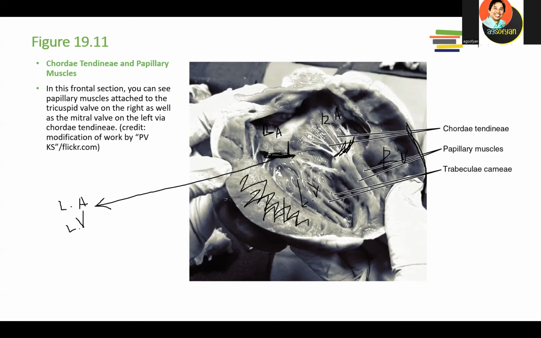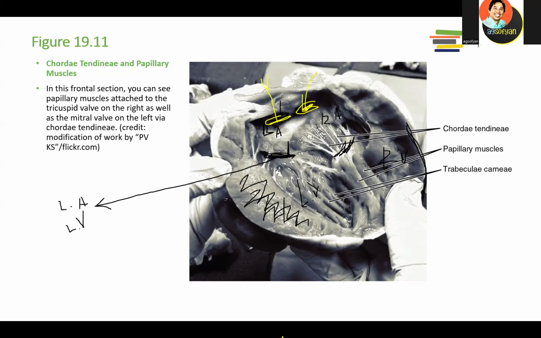And the valve that connects the left ventricle with the aorta over here is called the aortic valve. And the one that connects the right ventricle with the pulmonary trunk is called the pulmonary valve. So it actually will bring the blood to the lung. This one will bring the blood to the whole body.